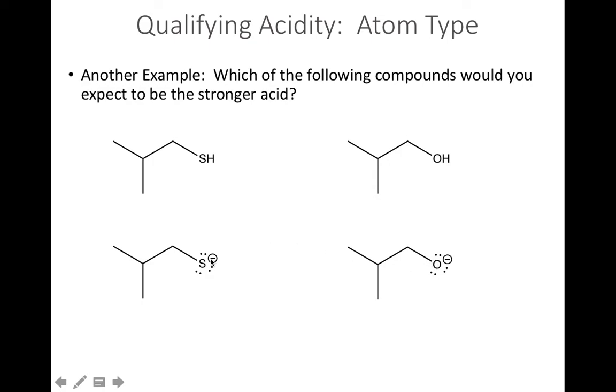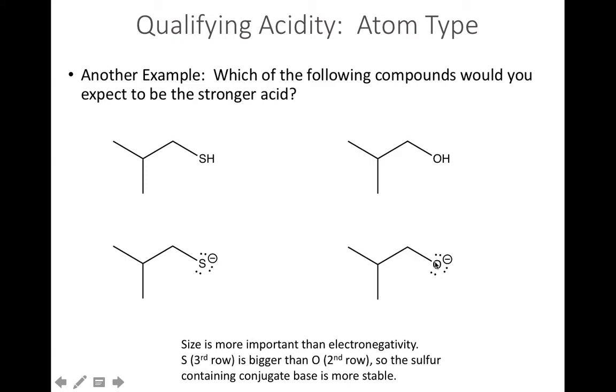Sulfur is in the third row, oxygen is in the second row, and we said on the previous slide that size is the most important thing. So sulfur being significantly larger makes this conjugate base more stable, and so this is going to be the stronger acid.